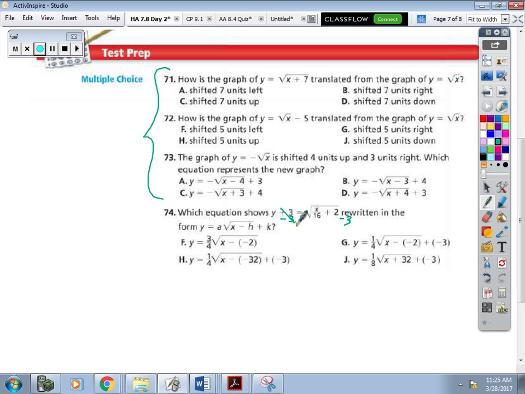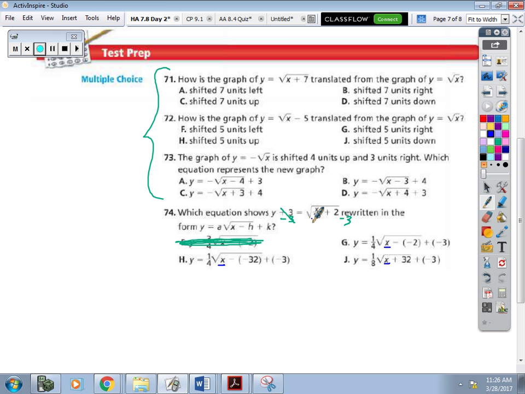So you can automatically eliminate which answer choice? F. Okay, and I hate how they have a plus and negative, but we're just going to go with it. Now, another thing to notice about all the answer choices is that none of them have fractions under the square root.